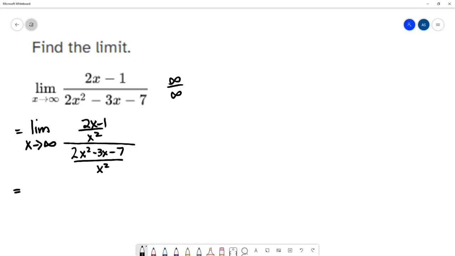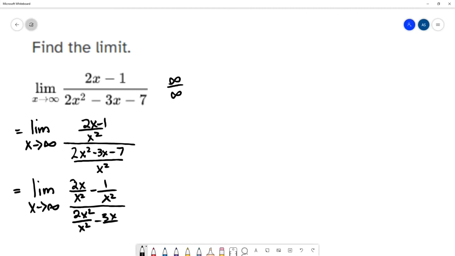To simplify, I'll divide that x squared into each term. That's using the distributive property. That's 2x over x squared minus 1 over x squared, over 2x squared over x squared minus 3x over x squared minus 7 over x squared.